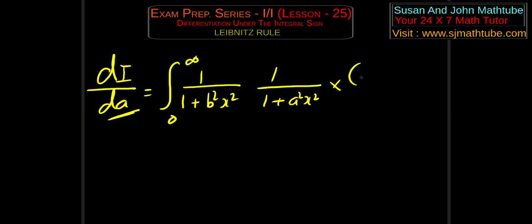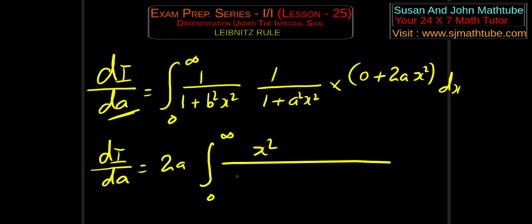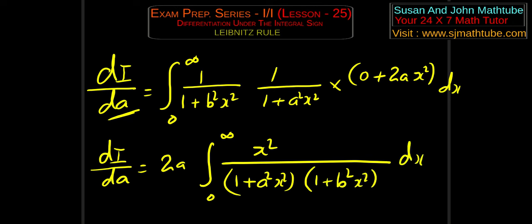So, we get 0 plus 2a into the constant. Is that okay? So we get dI by da is equal to, this 2a goes outside, integral 0 to infinity x square by 1 plus a square x square into 1 plus b square x square dx.